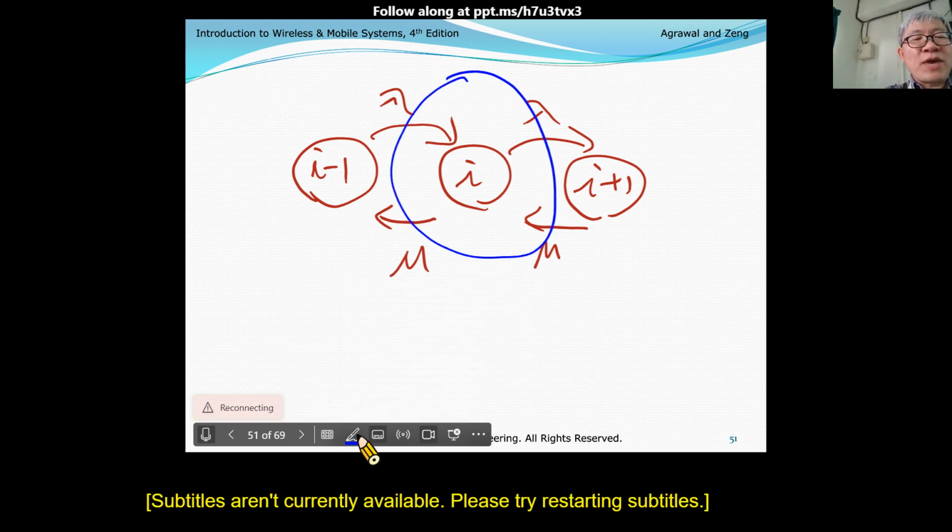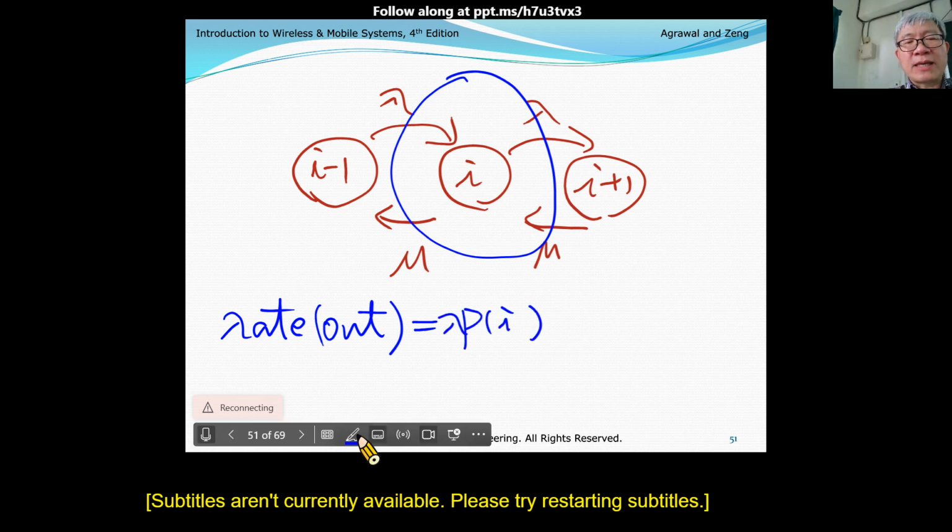So first of all, rate out is equal to this: P of i, probability, multiplied by lambda and multiplied by mu, P of i. It's rate out. And how about rate in?